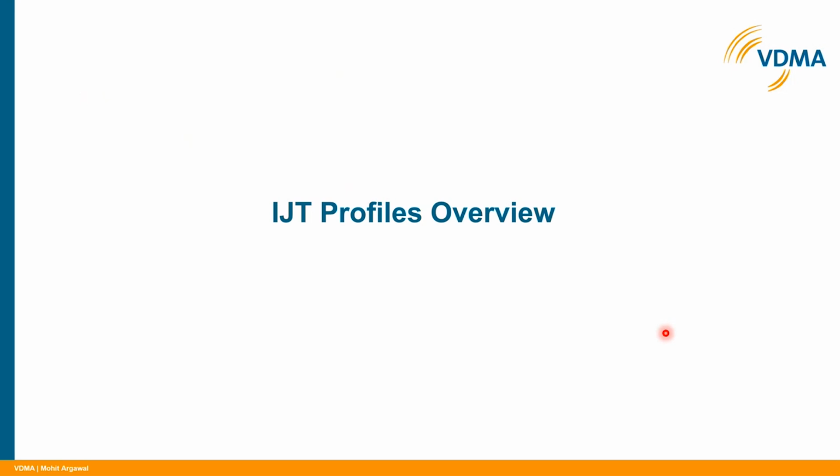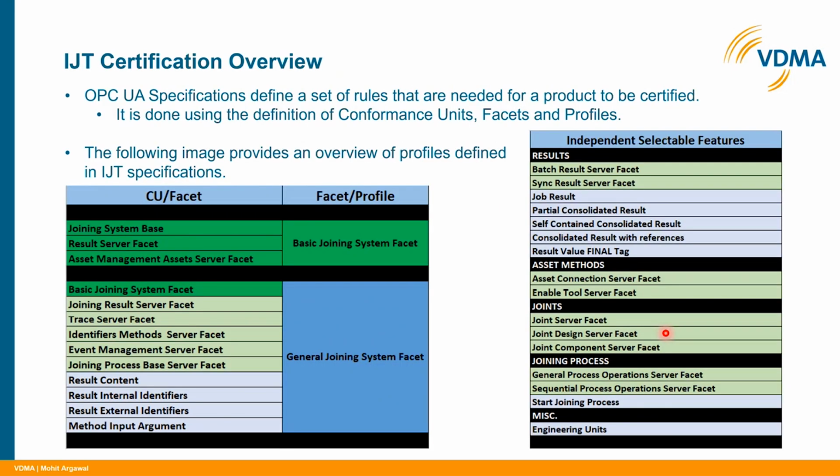And the last slide is about the certification overview. OPC UA is very comprehensive. Many times it is not easy to go through each model and understand what is needed from the joining system perspective. That's where the OPC UA base specifications provide a concept called profiles, facets, and conformance units.